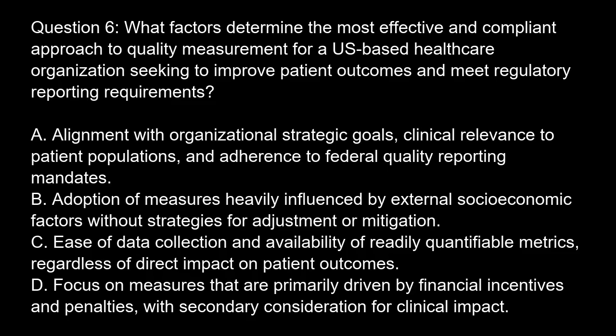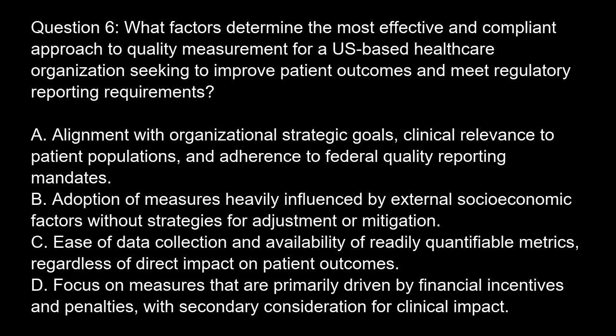Question 6. What factors determine the most effective and compliant approach to quality measurement for a U.S.-based healthcare organization seeking to improve patient outcomes and meet regulatory reporting requirements? Option A. Alignment with organizational strategic goals, clinical relevance to patient populations, and adherence to federal quality reporting mandates.